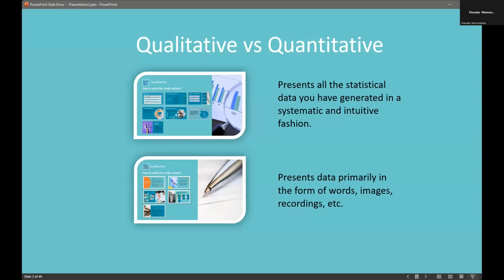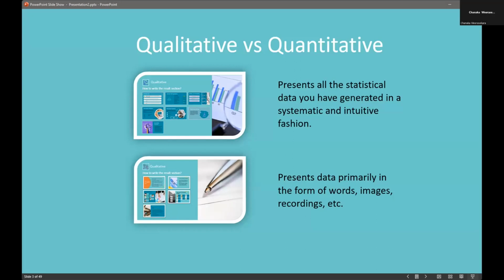So basically as a qualitative researcher, we collect data in terms of text, interview transcripts, and maybe images, videos, stories, recordings like that. Quantitative data is mainly used to generalize the findings, whereas qualitative data is used to understand the problem at a very deep level.